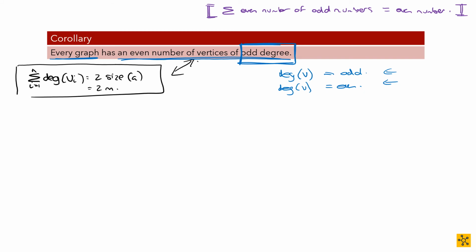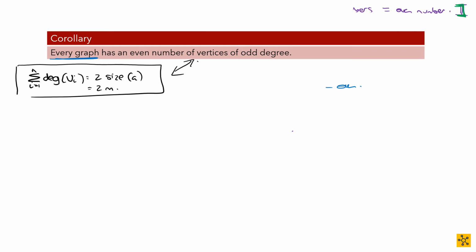The idea is, if you can show that the sum of the odd degree vertices is equal to an even number, it implies that the number of odd degree vertices is even, because of this statement. So that was a very long roundabout way of explaining what's going on. Let me discuss this one more time.